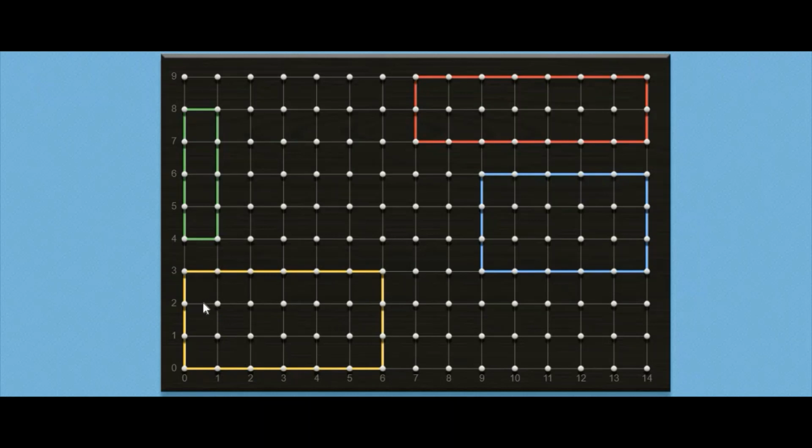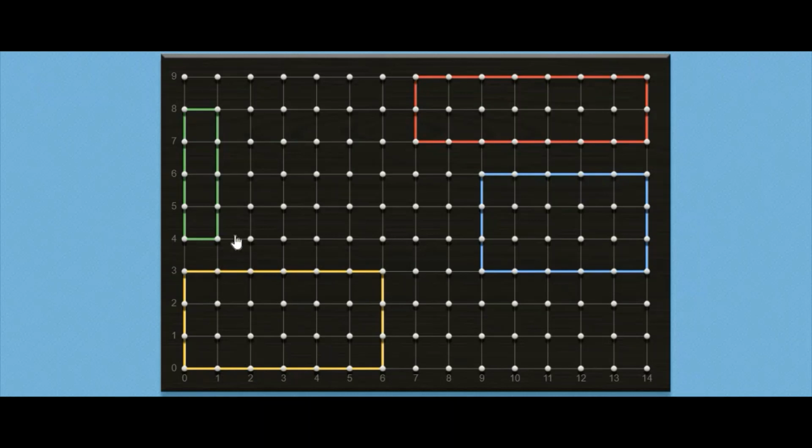So here, if we count the squares in this yellow rectangle, we are going to get 1, 2, 3, 4, 5, 6, 7, 8, 9, 10, 11, 12, 13, 14, 15, 16, 17, 18. So it means that this yellow rectangle has a total area of 18 square units, right?